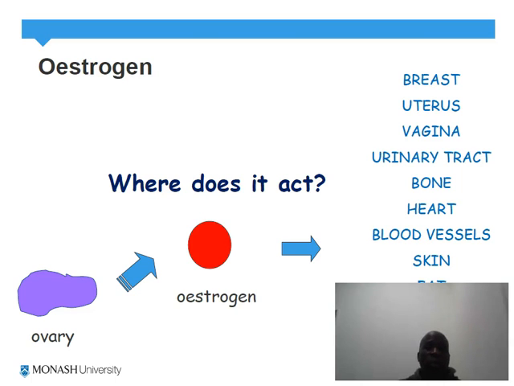Okay, now we know what these estrogens are, but we don't know how estrogens act. So let me talk about how these estrogens act. Firstly, they are produced from the ovary. Once produced, they act in various ways and on various organs and tissues. So, as you can see on this slide, for example, estrogen will interact with breasts.